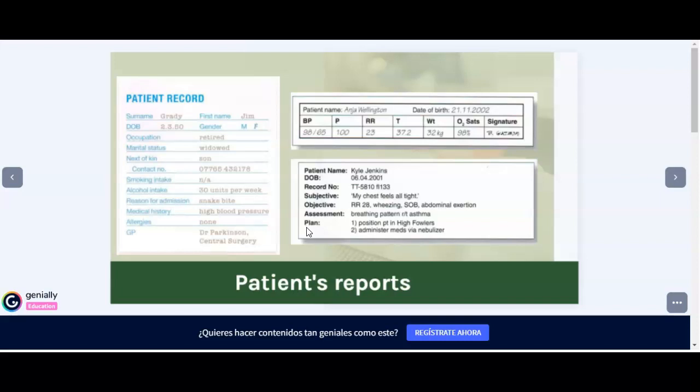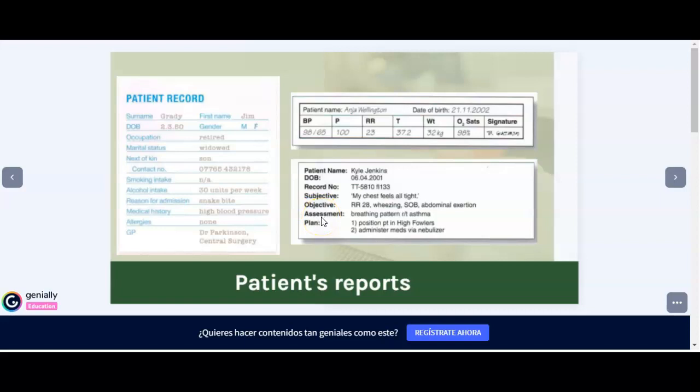As I was telling you, it contains 4 points. Subjective, that is the part what the patient reports about his or her problem. Obviously, this part includes the symptoms that the patient is feeling. Sometimes it is the next of kin who describes this. Then we have objective, that is what the nurse can see, feel, hear, touch, and measure about the patient.